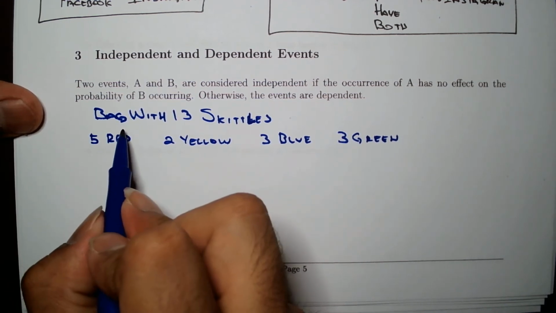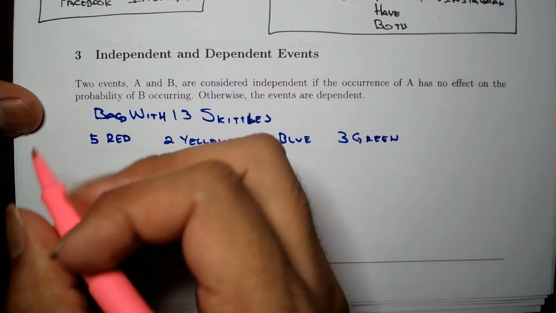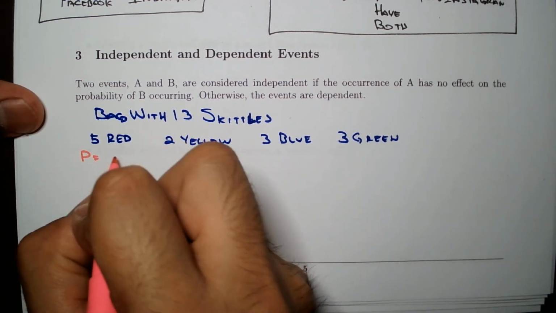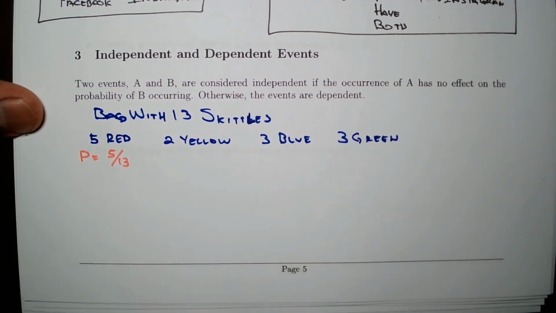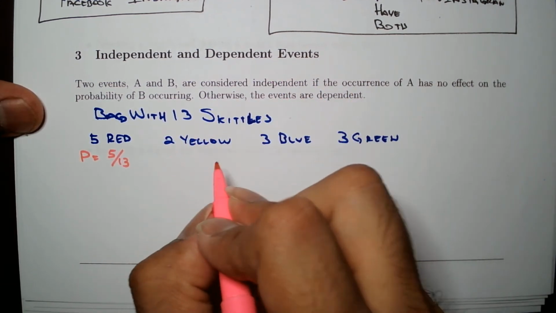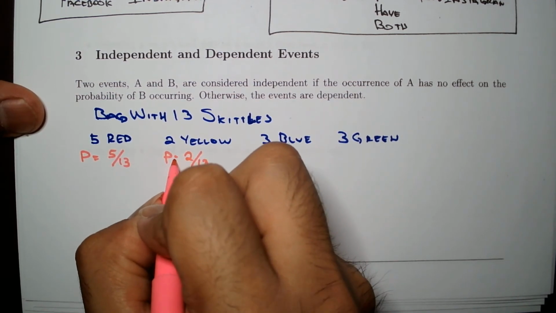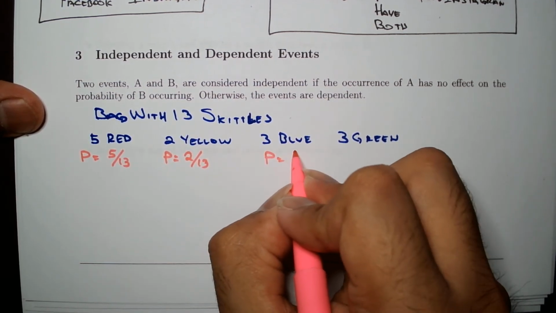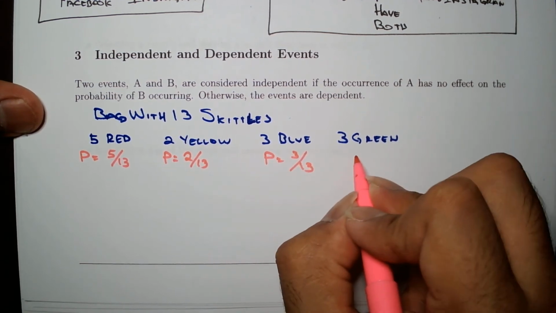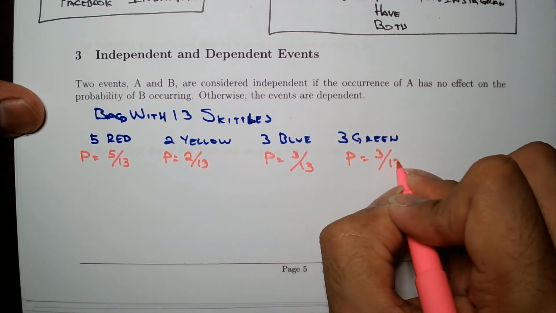So, well, the probability that we get 1 red will be 5/13. The probability of getting a yellow one, it's 2/13. The probability of getting a blue one, that'll be 3/13. And same for getting a green one, that's 3/13.